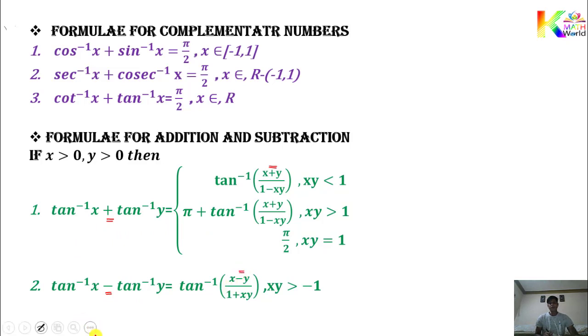So tan inverse of x minus y over the opposite sign in the denominator. Whenever you have plus, then in the denominator you got the opposite sign, so 1 plus x into y. So this is the addition and subtraction formula. This way you can remember. See another formula.